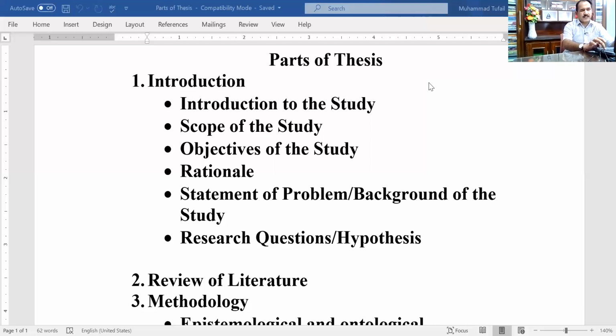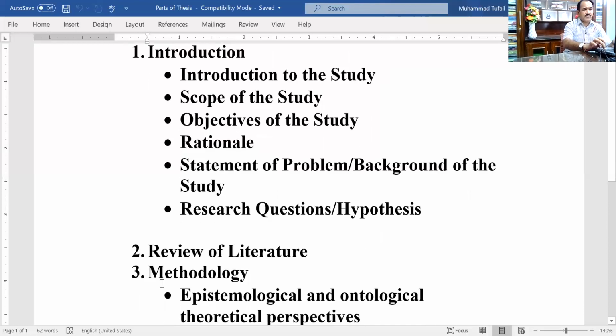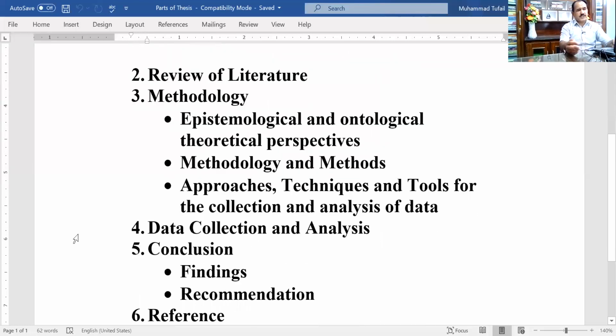When you go further, the next part is about the review of literature. In a review of literature, actually, you know what this chapter number 2 is: in this regard, we try to analyze and evaluate the research which has already been done on the topic you have undertaken for your academic pursuit.